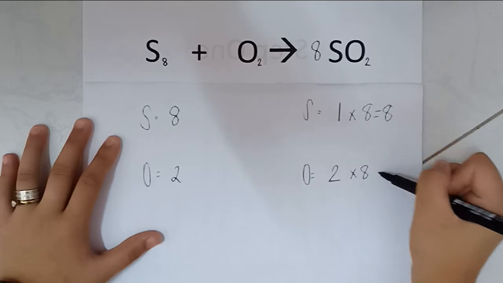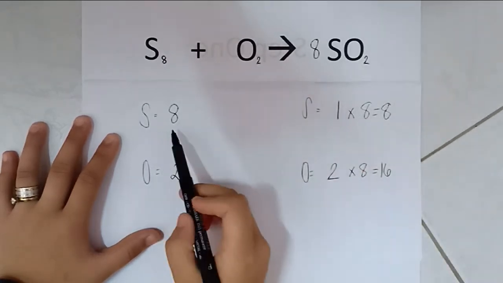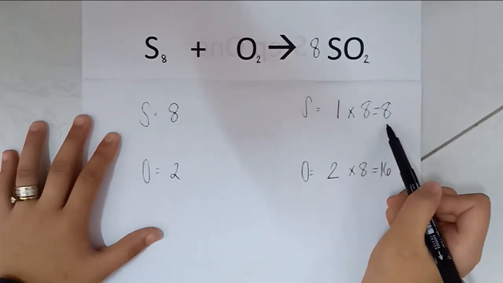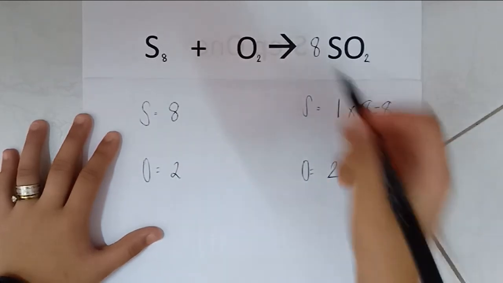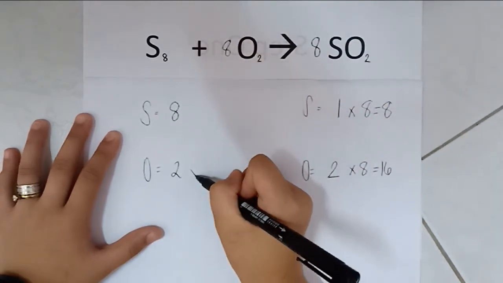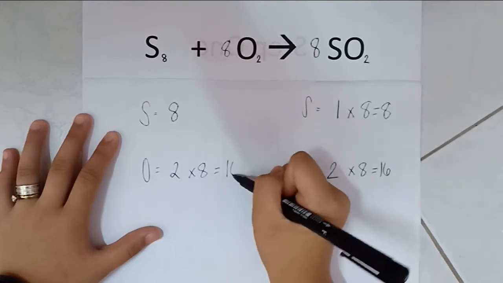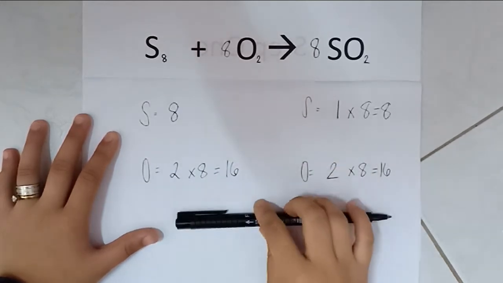So 2 times 8, we have 16. We've fixed the sulfurs, but the oxygens aren't balanced. So we need to put 8 in here. So 2 times 8, we have 16. And now, we have 8 sulfurs on each side, and 16 oxygens on each side. So this equation is now balanced.